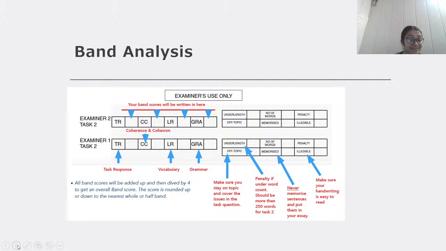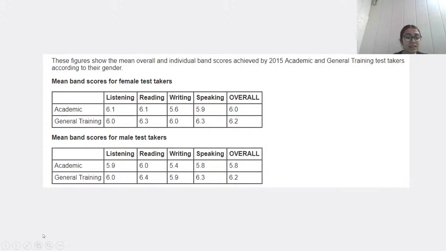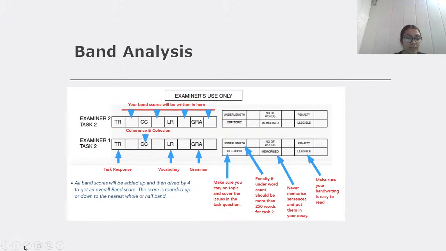Now, can you see this TR, the one that is encircled? This TR means task response.